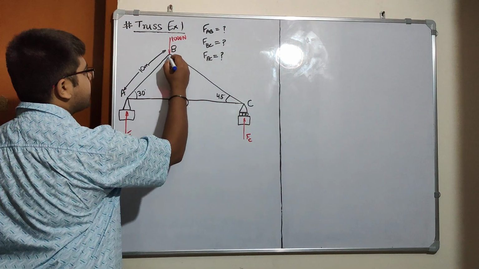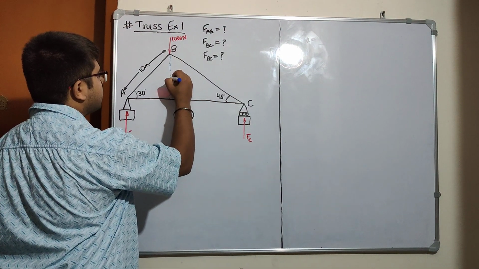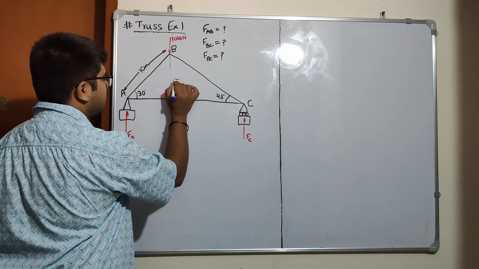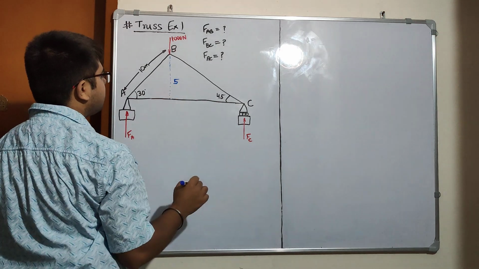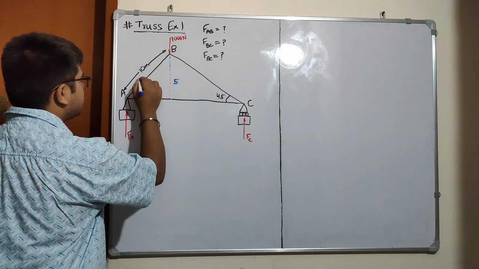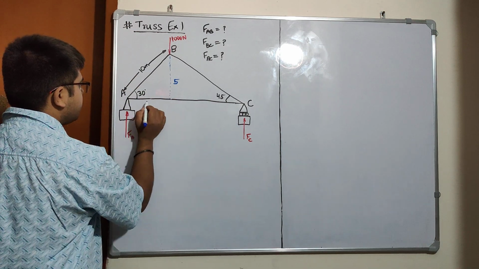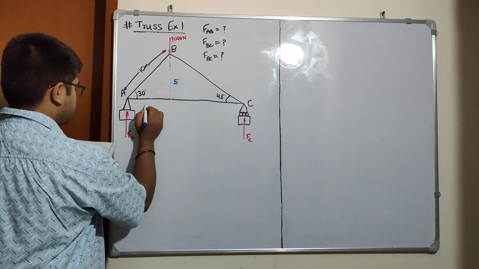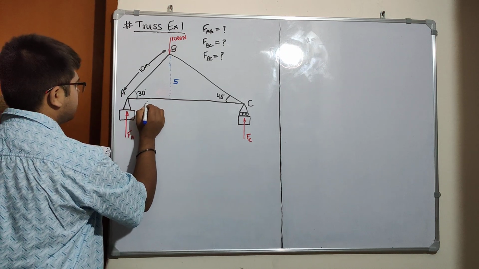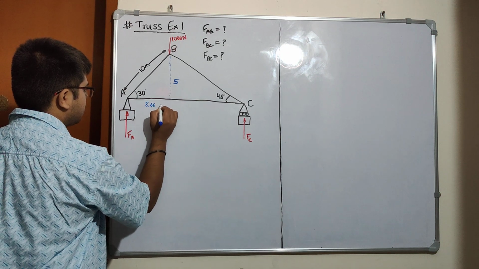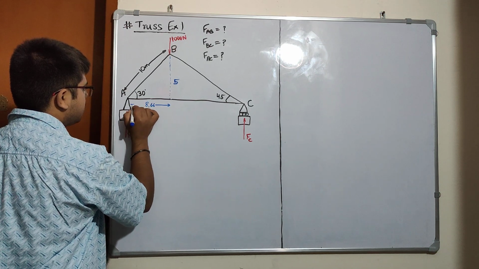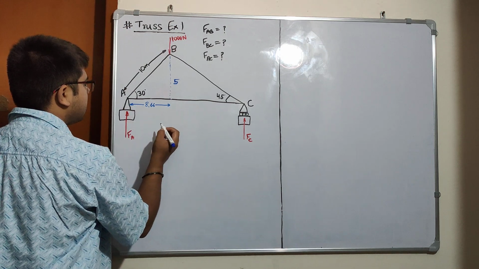So the height is 5 meters. Then 10 cos 30 would be 8.66, from here to here.